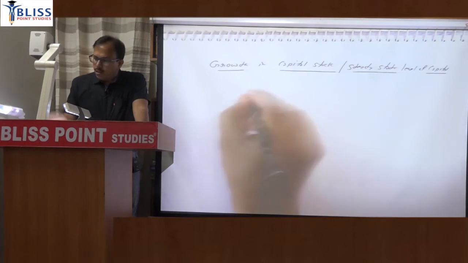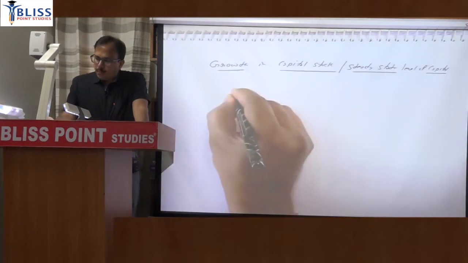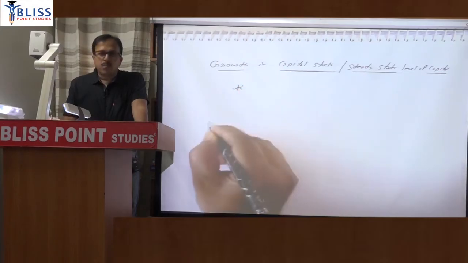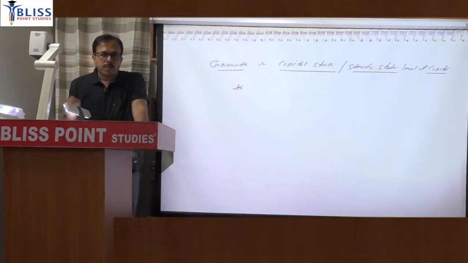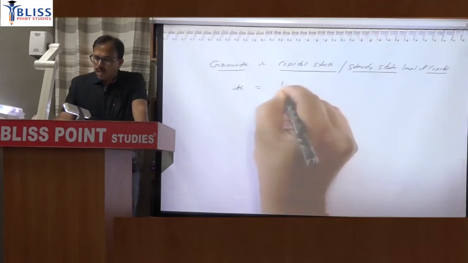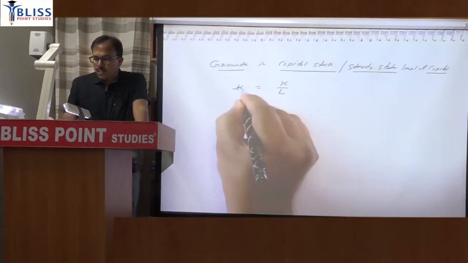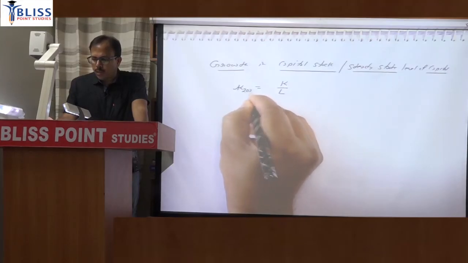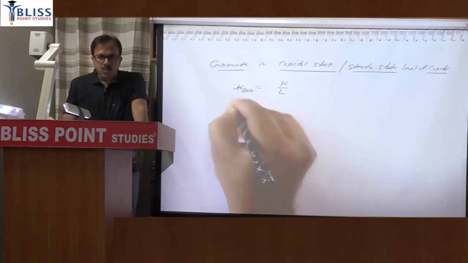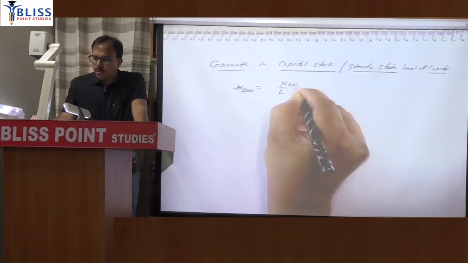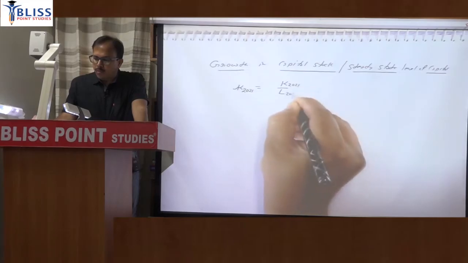Clear? So if I write a stock of capital, remember I am writing here small k, that is capital per person. Small k is capital K upon L. So if this is the stock at any given point of time, suppose in 2021, I am writing that stock of capital in 2021, then this is stock of capital of 2021, labor force of 2021.